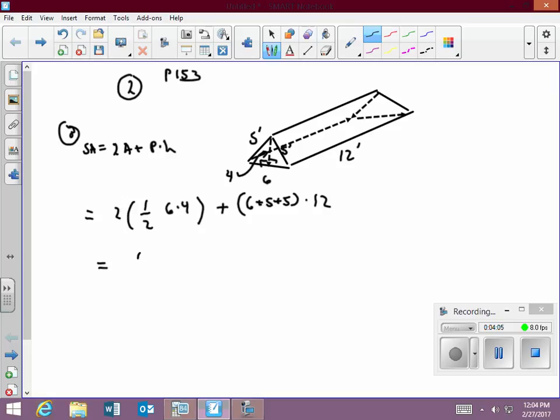So this is going to be 6 times 4, 24, plus 16 times 12. 192. I don't know if I added right. Is that right? 216? And that's feet squared. That should be the surface area.